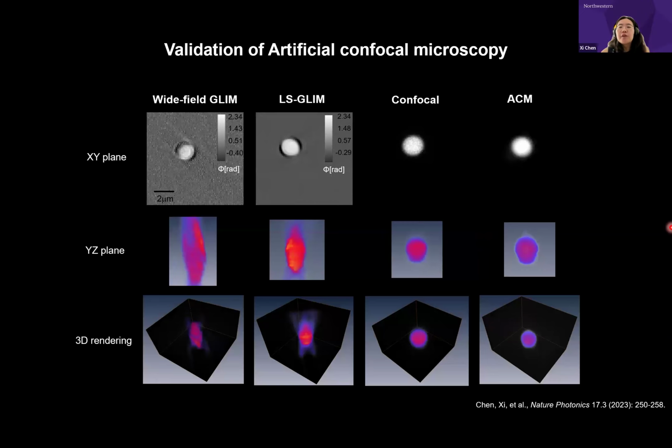Before we move on to unknown samples, of course, we test a known sample, for example, a bead. When you input a label-free image of a bead, the ACM method gives you back the fluorescence image of the bead, and it also enhances axial resolution and sectioning.